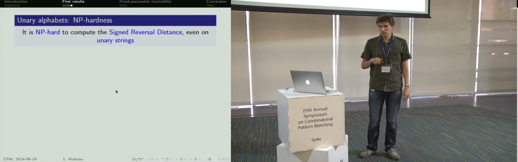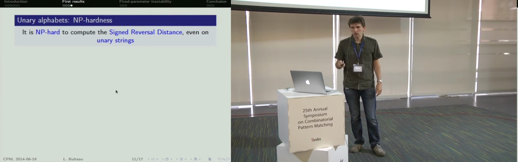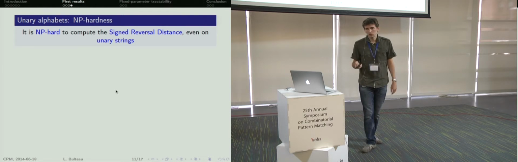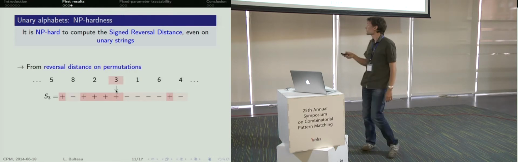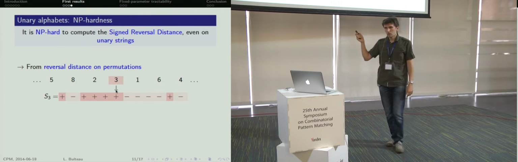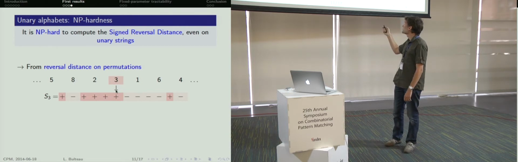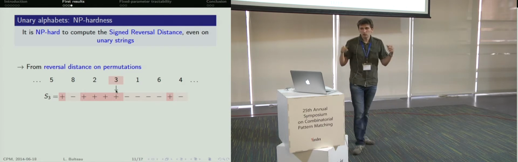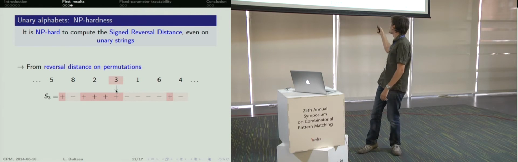And the last easy result, not so easy maybe, is the NP-hardness for the unary alphabet case, unary strings, which comes from reversal distance on unsigned permutations. So we start with the permutations, 5, 8, 2, etc. And we replace each element by a subsequence, which somehow can only be matched to itself.